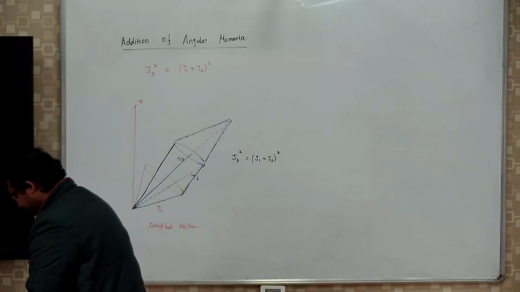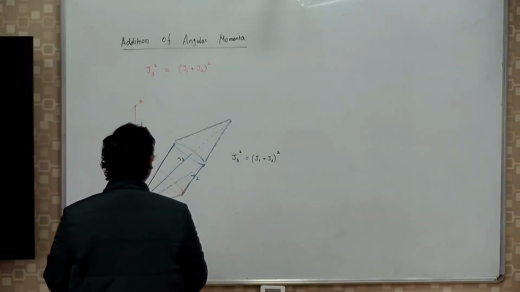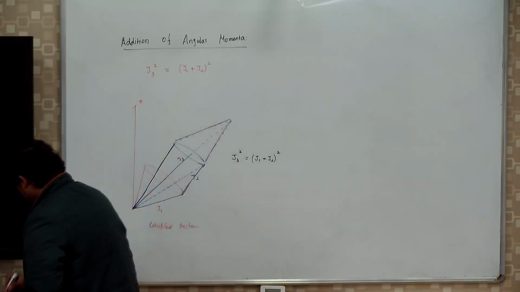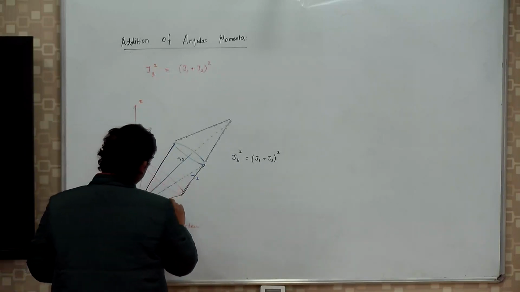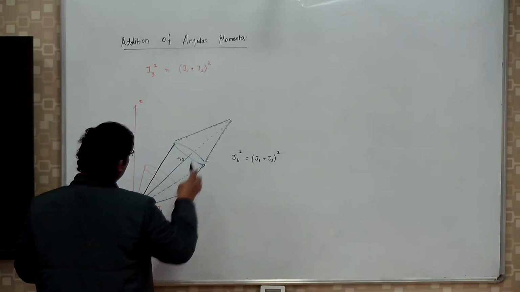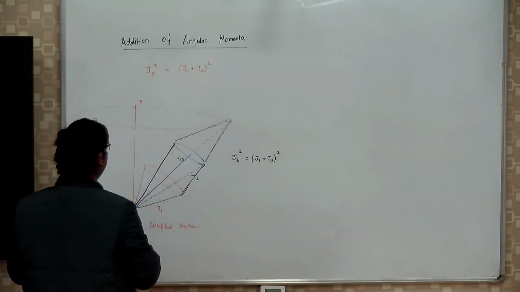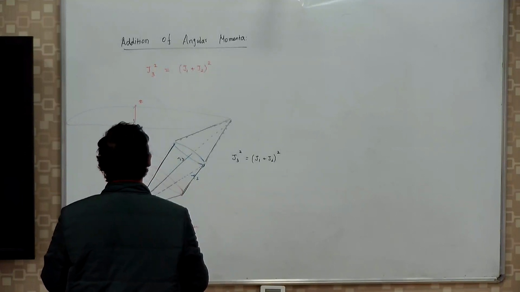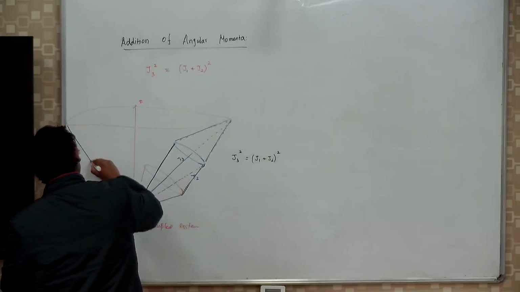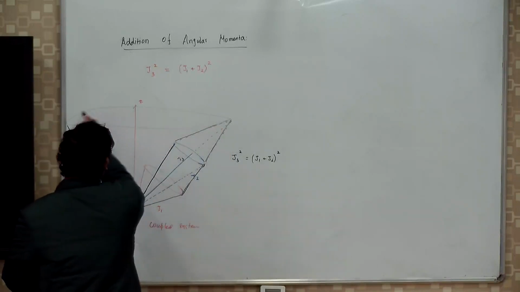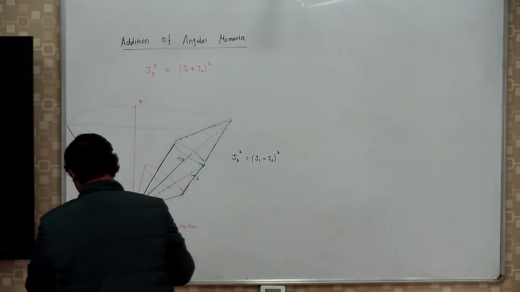J3 precesses with the z-axis. J1 and J2 do not precess with the z-axis, but the vector sum of J1 and J2 will precess with the z-axis. So J3 precesses in the z direction.